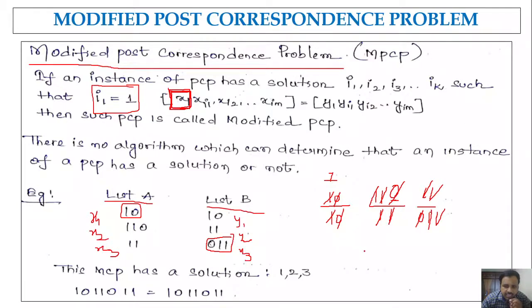So we got the string 1 0 1 1 0 1 1. What was the sequence? It is 1, 2, 3. So this MPCP has a solution, that is 1, 2, 3. That is the change, so just remember it while considering the Modified Post Correspondence Problem.